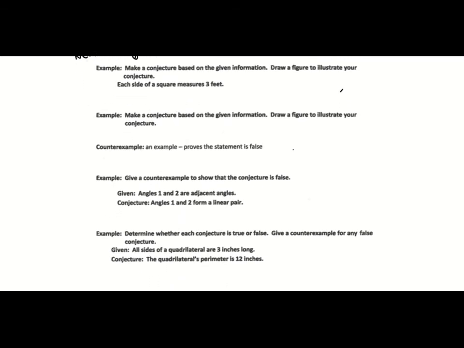Okay, let's move on to the next example. Make a conjecture based on the given information and draw a figure to illustrate your conjecture. Each side of a square measures 3 feet. So if I draw that, I would have a square where each side is 3 feet. Now, one of the answers I could give is if I know the sides of my square, I could find the area.